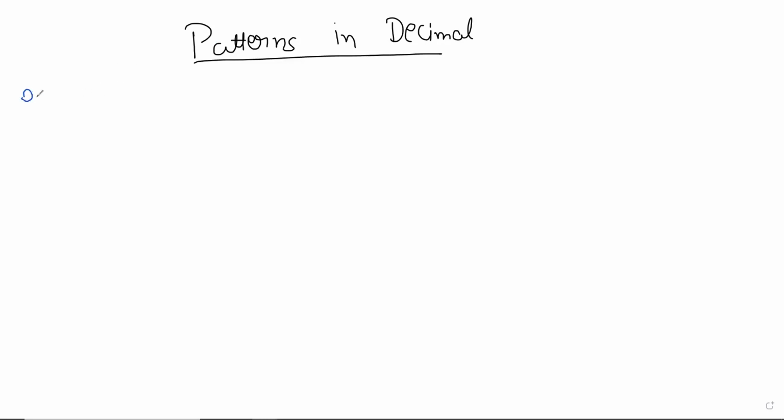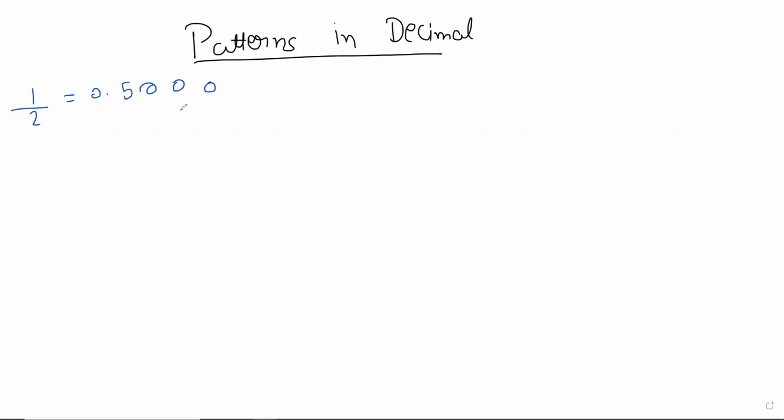So let us see patterns. Do you guys see when I write? Okay. So, patterns in decimal expansion. Let's see some patterns. If we look at the number 1/2, then the pattern does not start from the beginning.